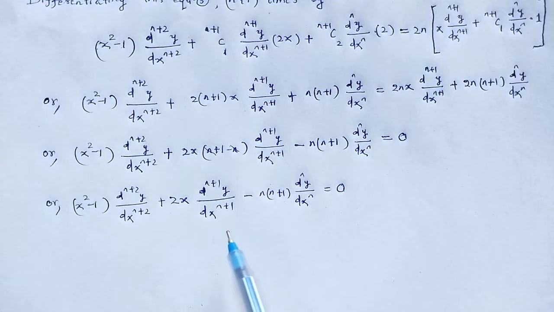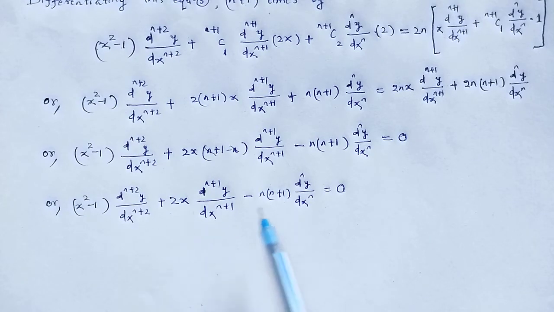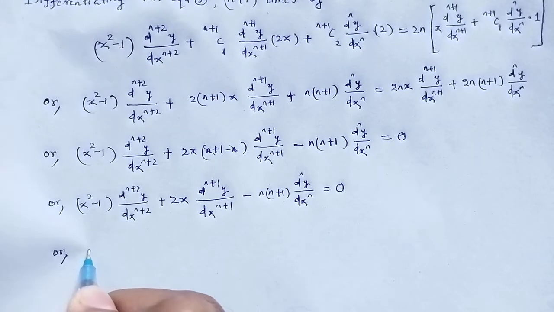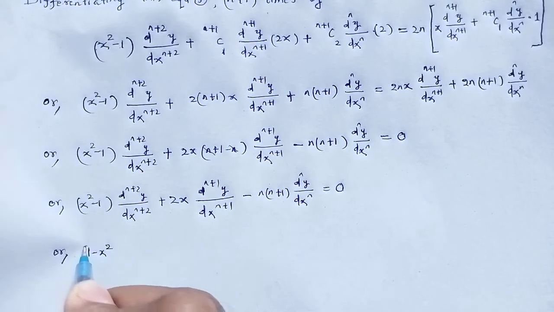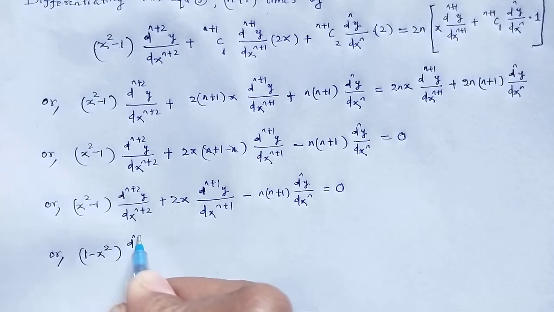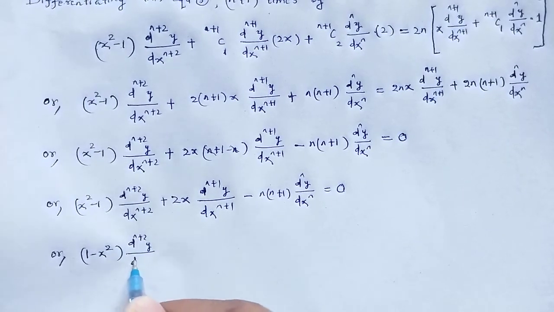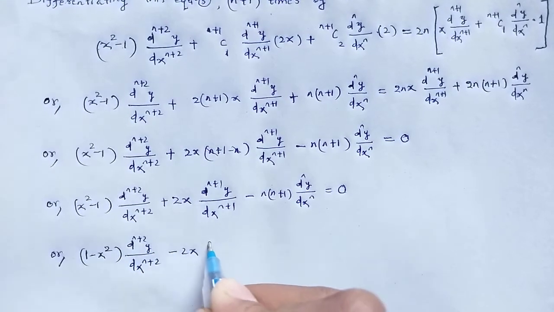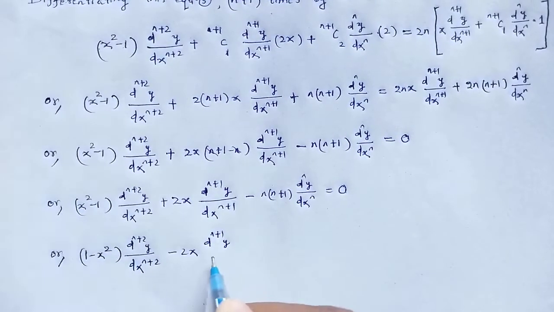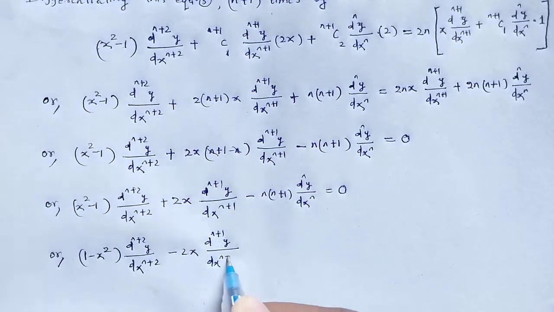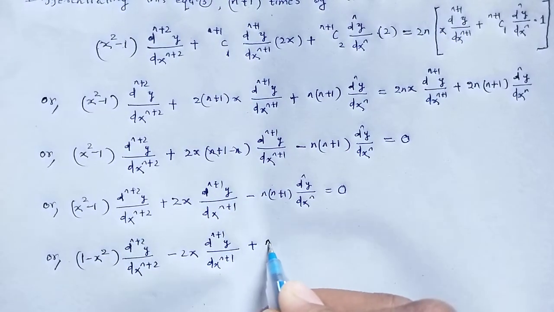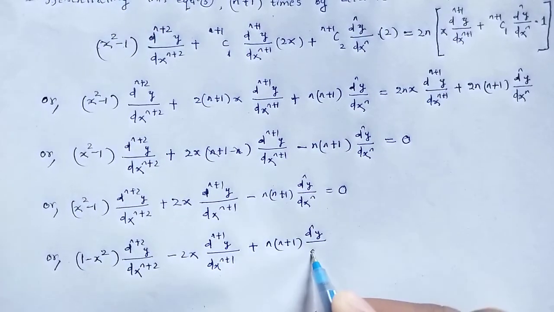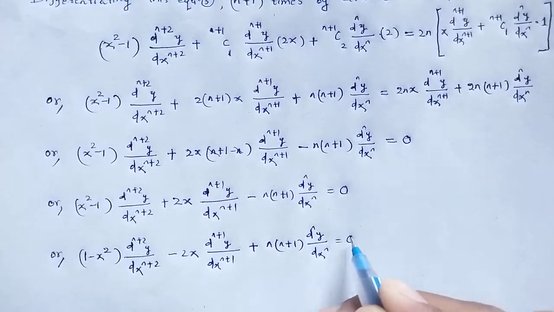Now I can multiply the negative sign on both sides. Therefore we have (1 − x²) dⁿ⁺²y/dxⁿ⁺² minus 2x dⁿ⁺¹y/dxⁿ⁺¹ plus n(n+1) dⁿy/dxⁿ is equal to 0.